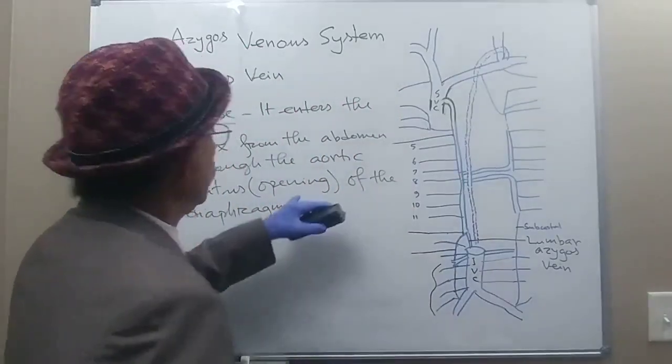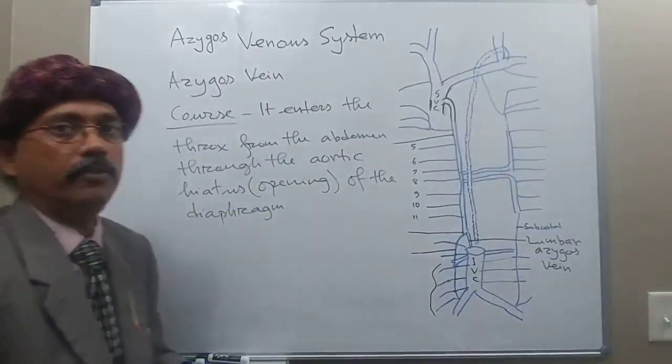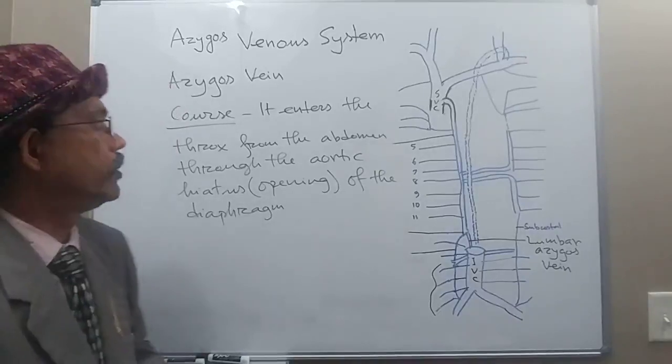Okay, so this is the aortic hiatus. We know that its vertebral level is T12.